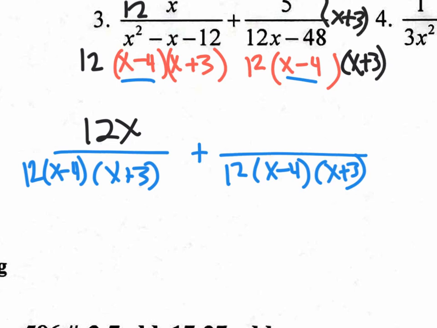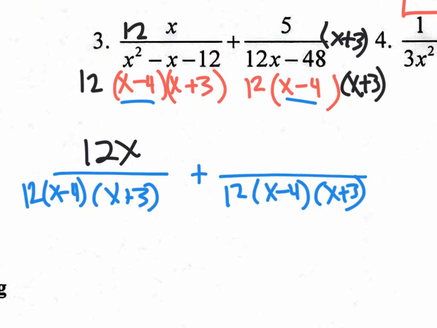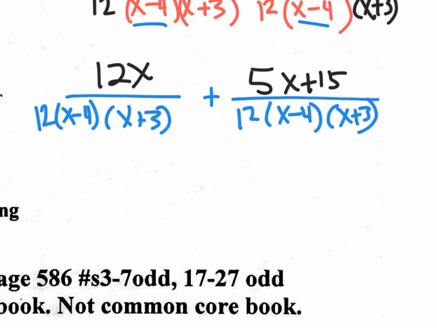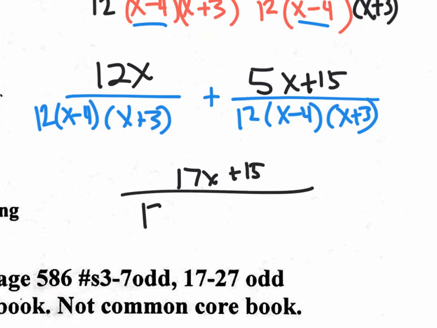And of course, when you distribute, you're going to end up with 5x plus 15. And I'm rushing because I only have a couple of seconds left. So my final answer will be, combining the 12x with the 5x, you're going to get 17x plus 15 over that LCD we found, x minus 4, x plus 3.